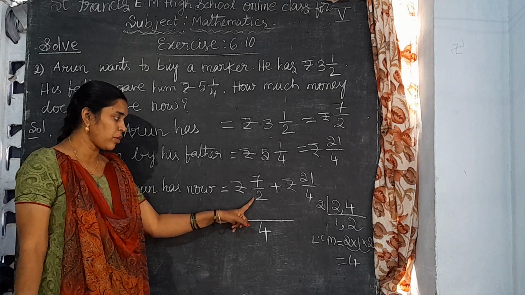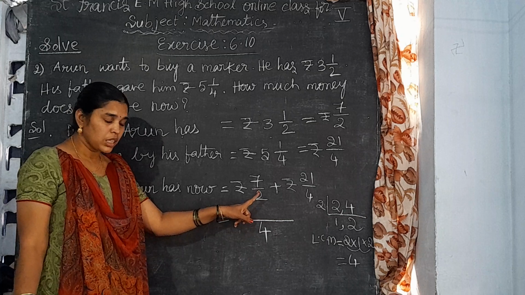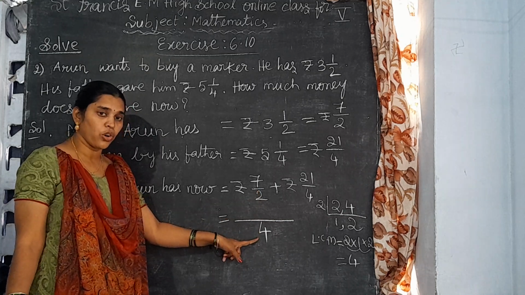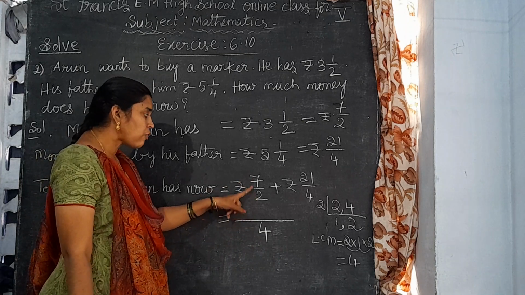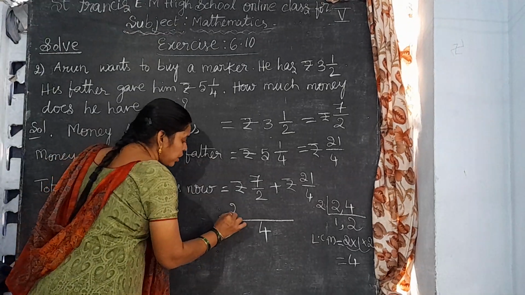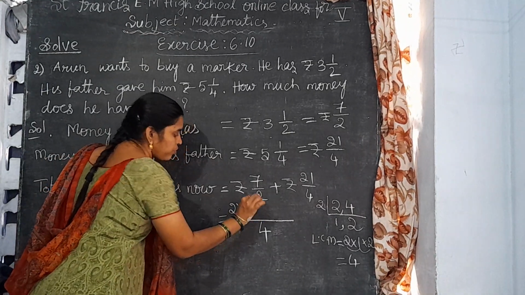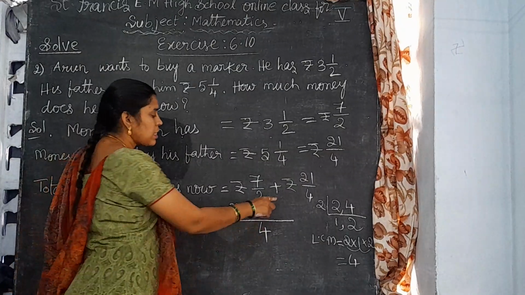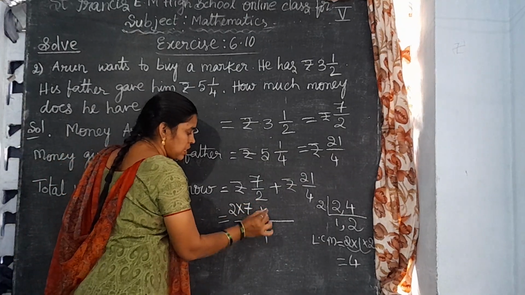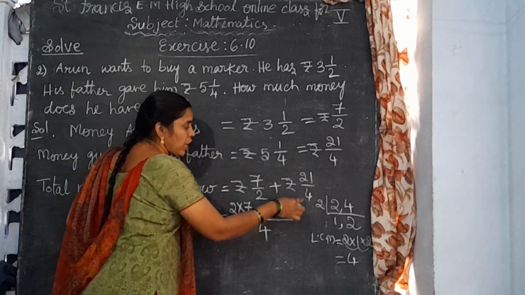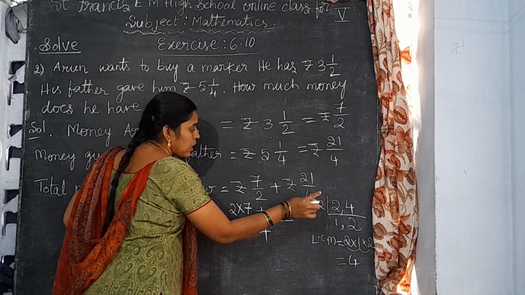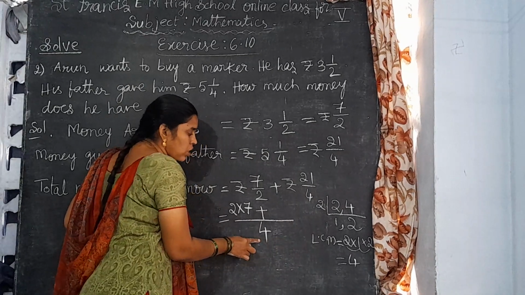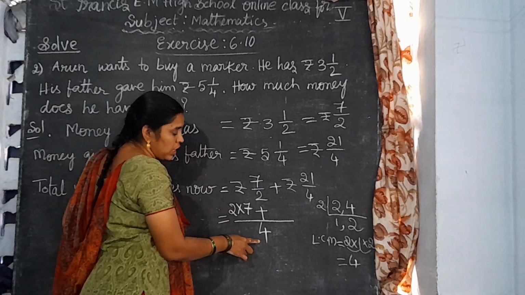Right? Now take the first fraction 7 by 2. In that what is the denominator? 2. This 2 how many times does it go in 4? 2 times. That 2 into the numerator, so 2 into 7. Now what is the symbol in the middle? Plus. Now what is the second fraction? 21 by 4. What is the denominator here? 4. This 4 how many times does it go in this LCM? 1 time.